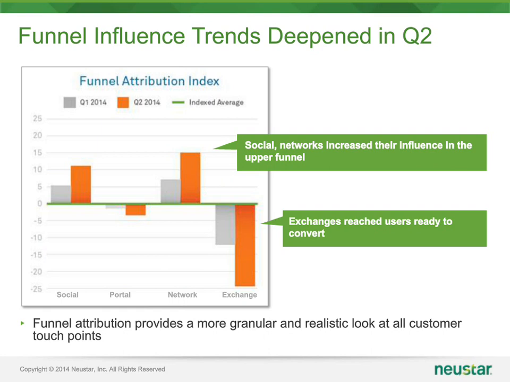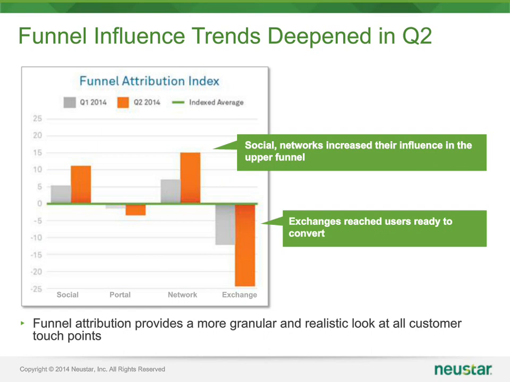As the marketer thinks about the purchase funnel, and the upper funnel and how channels can have great influence in driving brand awareness, the funnel attribution provides a much more granular and realistic look at all the customer touch points. And it really provides insights into who had influence in the upper funnel and then ultimately didn't receive credit.